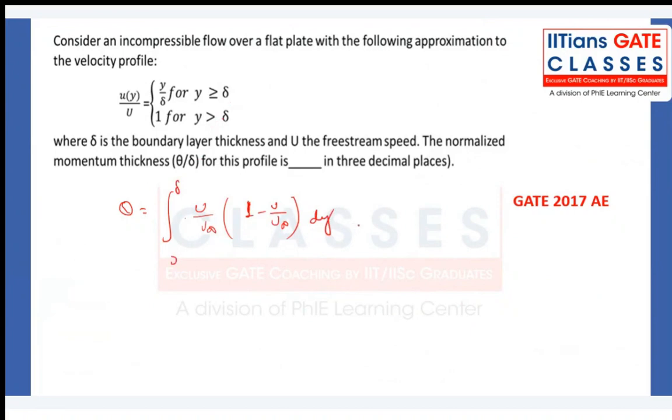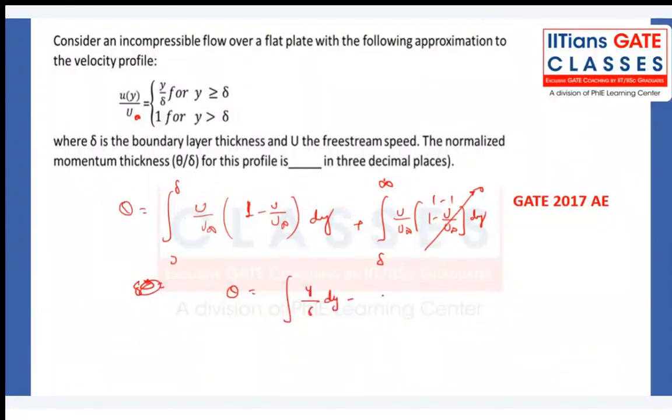See what they have given: from delta to infinity, u by u infinity into 1 minus u by u infinity dy, they have given as 1, so 1 minus 1 is 0. That will be gone. Theta you will be getting as the integral of y by delta into dy minus y square by delta square into dy. So you will be getting delta by 6. Theta by delta is 1 upon 6.